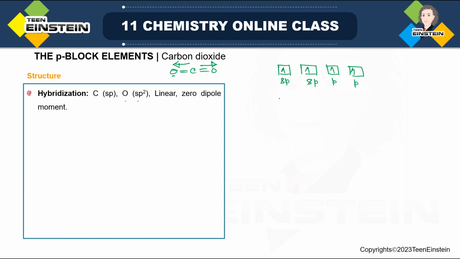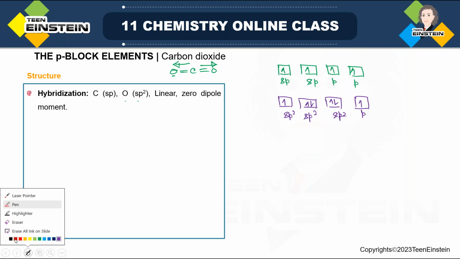Oxygen is sp2 hybridized, so there will be a total of 3 sp2 hybrid orbitals and 1 pure p orbital. For oxygen there is a total of 2s2 2p4, that means total 6 electrons, right? Now in sp2 there will be 1 lone pair here, this is also a lone pair, and 1 more electron here.